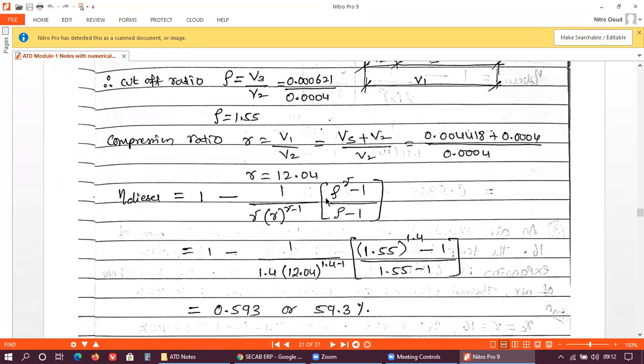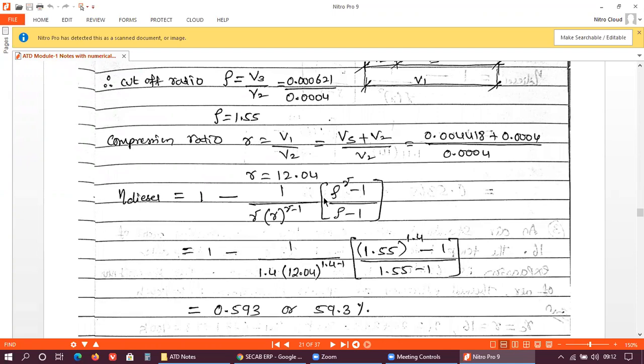So the minimum requirement is we need to calculate the value of rho. We have calculated it here, and its value is 1.55. And we also need the compression ratio. This also we have calculated, the value of R, that is 12.04.